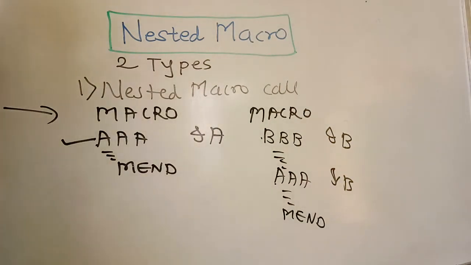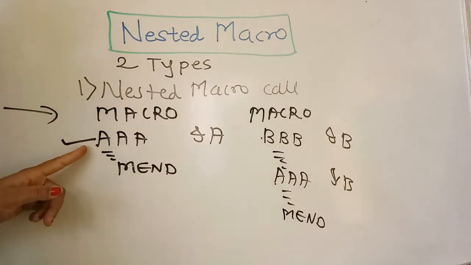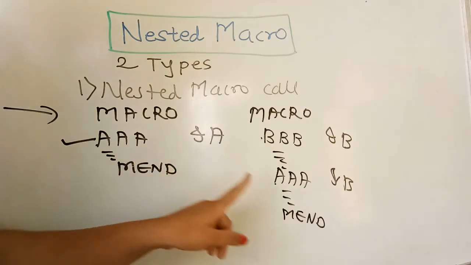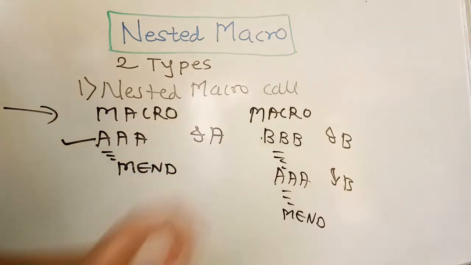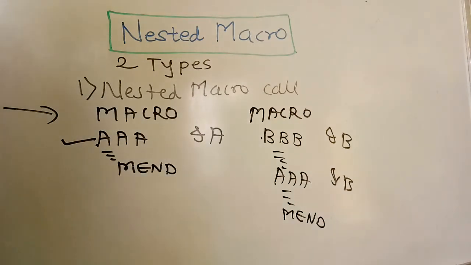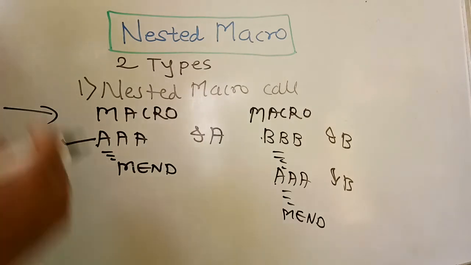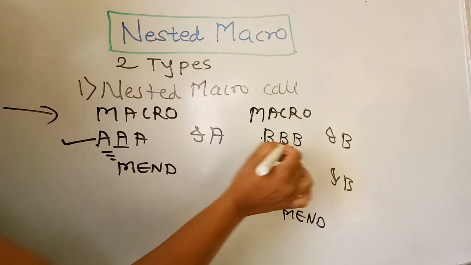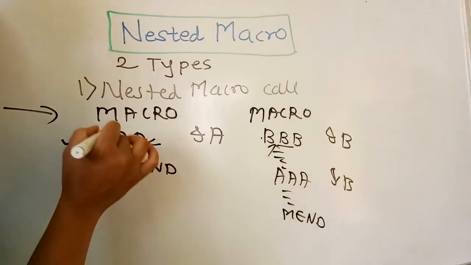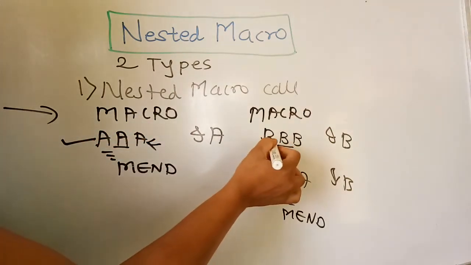Macro definition sequence is more important. The macro you are calling in another macro has to be defined before the calling macro. So two macros cannot call each other. That means an early defined macro cannot call a late defined macro. This AAA cannot call BBB, but BBB can call AAA because it is defined previously.